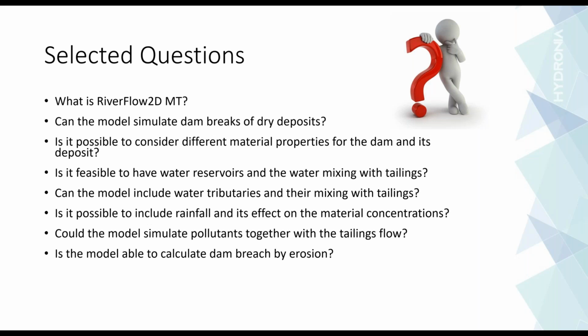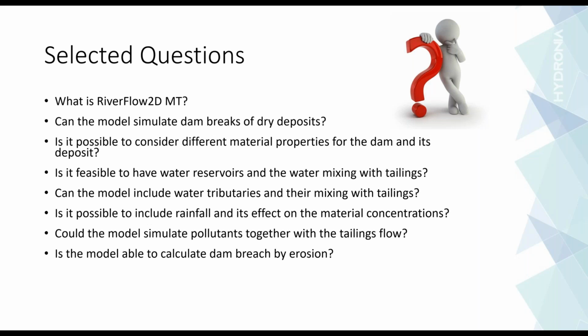Then some of the frequent questions that we get: Can the model simulate dam breaks of dry deposits, of dry tailings? Is it possible to consider different material properties for the dam from those of the deposit? Is it feasible to have water reservoirs and model how the water mixes with tailings that may flow into the reservoir? Can the model include water tributaries, and how do these tributaries mix with the tailings?